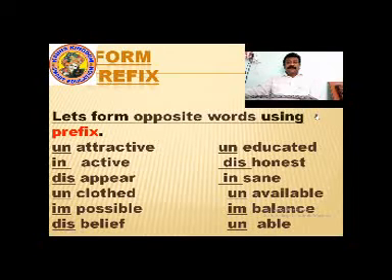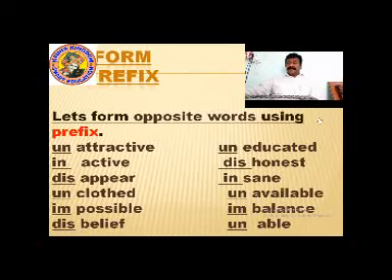Now, to make its opposite, what is the word to be used? Disbelief. Educated. When we say educated, he is literate, he has studied. To form its opposite by using prefix, what is the prefix properly used here? It's uneducated. Honest.